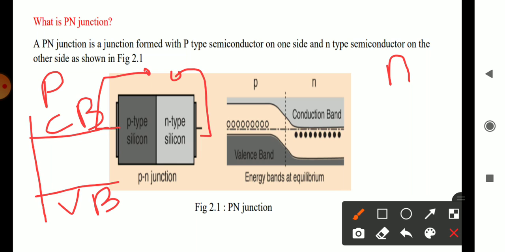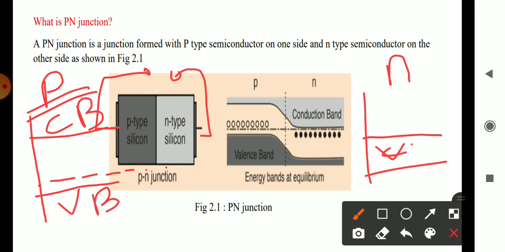This is the energy gap between the conduction band and the valence band. The Fermi level is always above the valence band for a P-type material. Got it? In case of an N-type material, the Fermi level is exactly below the conduction band. That is shown over here.